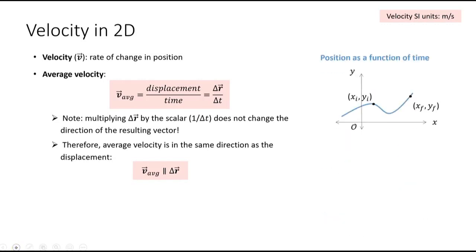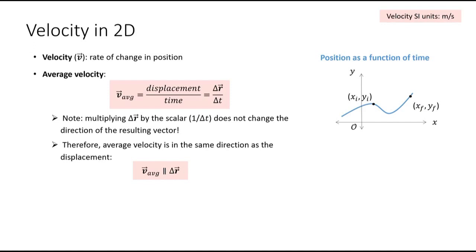So graphically, we can think about this by drawing a graph that plots the position as a function of time. So in other words, each point on this blue curve represents the 2-dimensional position at a particular moment in time. So for example, I've picked out 2 points on this plot: my initial position and my final position. Initial position is defined by x initial, y initial, and the final is defined by x final, y final.